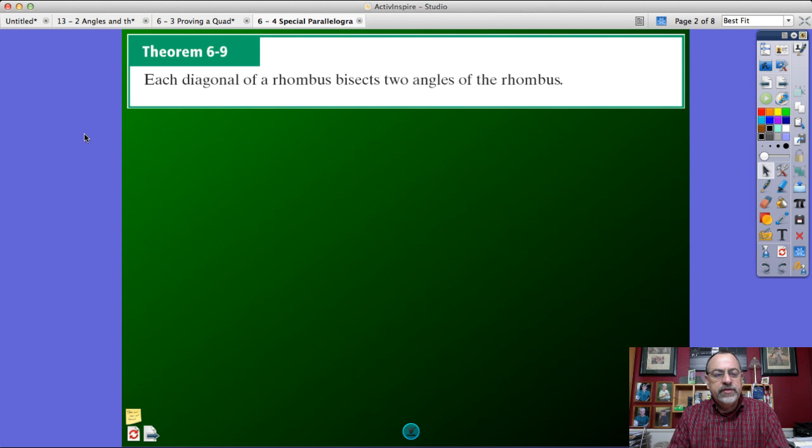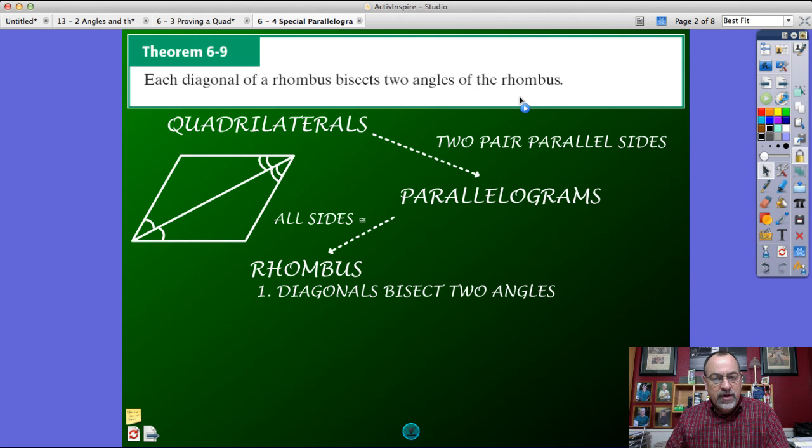The additional characteristic of a rhombus is not only are the opposite sides congruent because it's a parallelogram, not only are the opposite angles congruent because it's a parallelogram, and not only do the diagonals bisect each other because it's a parallelogram, in a rhombus the diagonals actually bisect the two angles of the rhombus as well. So this angle here, if you draw this diagonal, it cuts this angle directly in half. It bisects those two angles.